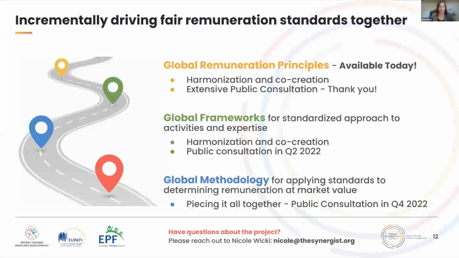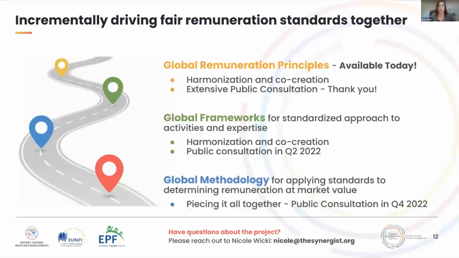And then other two really interesting areas of work that we have coming is around developing global frameworks, so a standardized approach to how we look at different activities and interactions between pharma companies and patient community, and also expertise, which lends into the whole discussion we had today around tiering. And then eventually piecing those pieces together into standards to determine remuneration at market value.